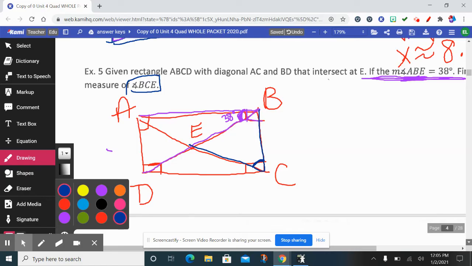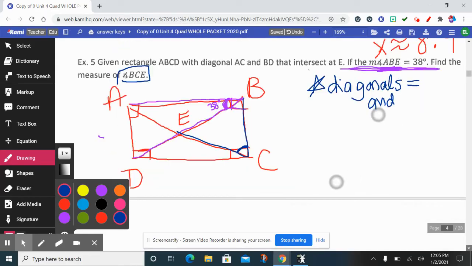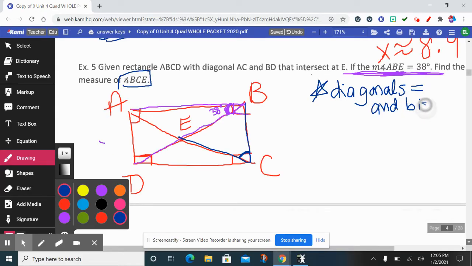So two facts we're going to use here: our diagonals are equal and bisected. What that gives you is that these four pieces are equal. So therefore, this triangle that we're trying to find an angle for is isosceles.